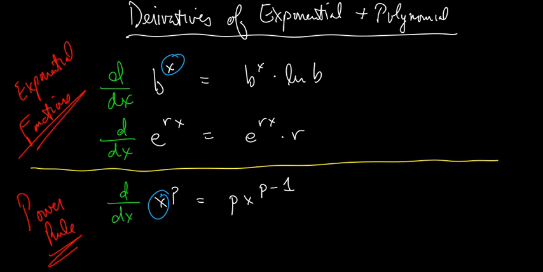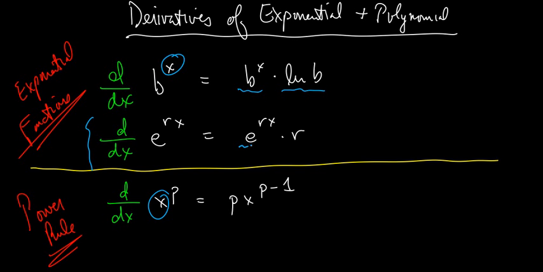So the derivative of the basic exponential function b to the x is equal to itself times a little bit of extra. So b to the x times ln b, right? Of course, you can make this a little bit more complicated. Here's one version. If you take the derivative of e to the rx, this time the base is e, but in the exponent we have rx, it's basically the same thing with a little bit of extra.